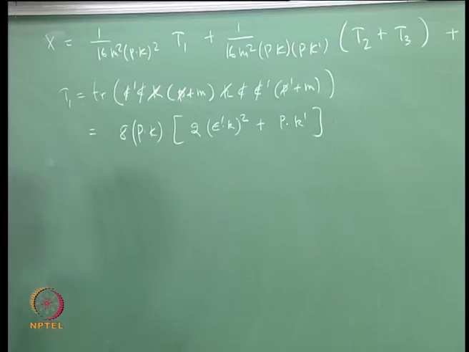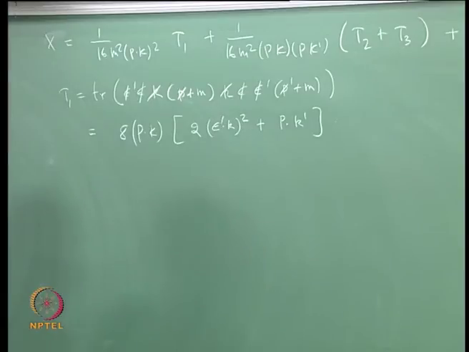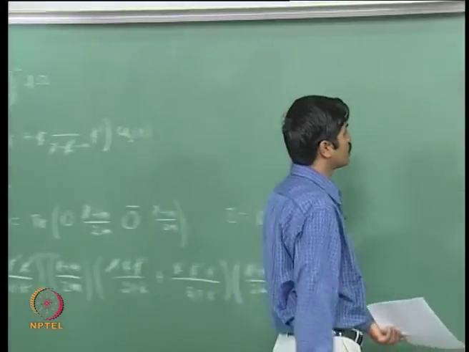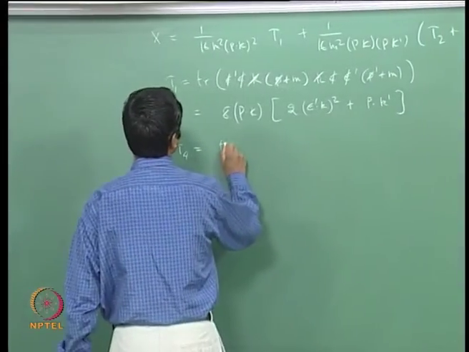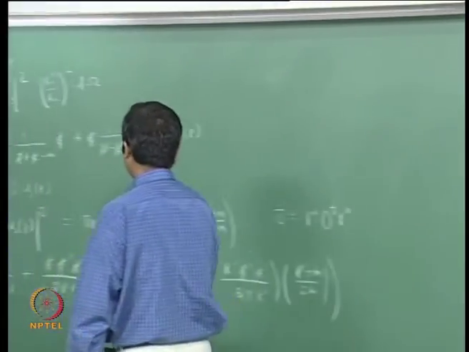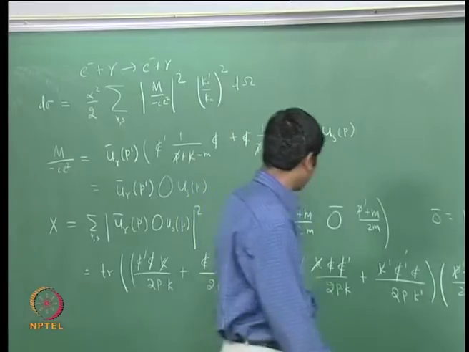We are going to evaluate T2, T3 and T4, but you can notice that if you just look at the expression for T4, then this is given by the first and last term. So, this is a trace of the last two terms multiplied in between these two.